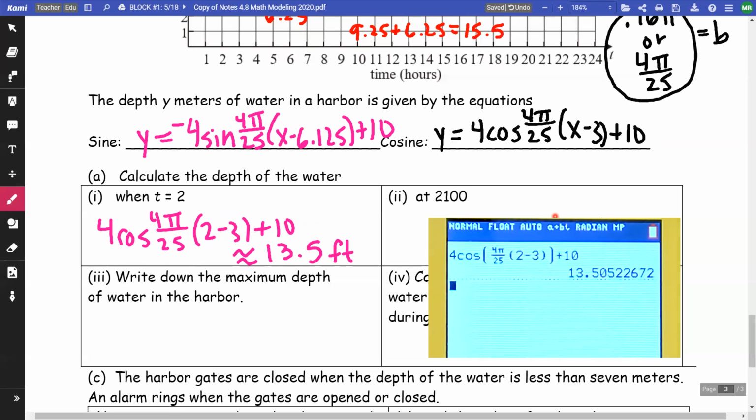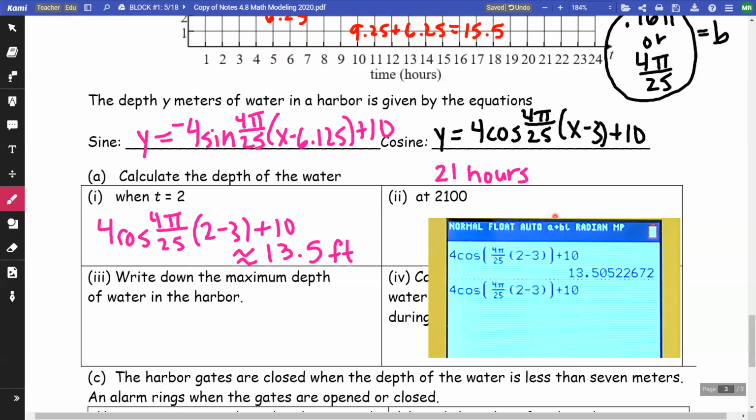Then at 2100 hours, that means 21 hours is what I'm going to be putting in because this is in military time. So I'm just going to get this here.